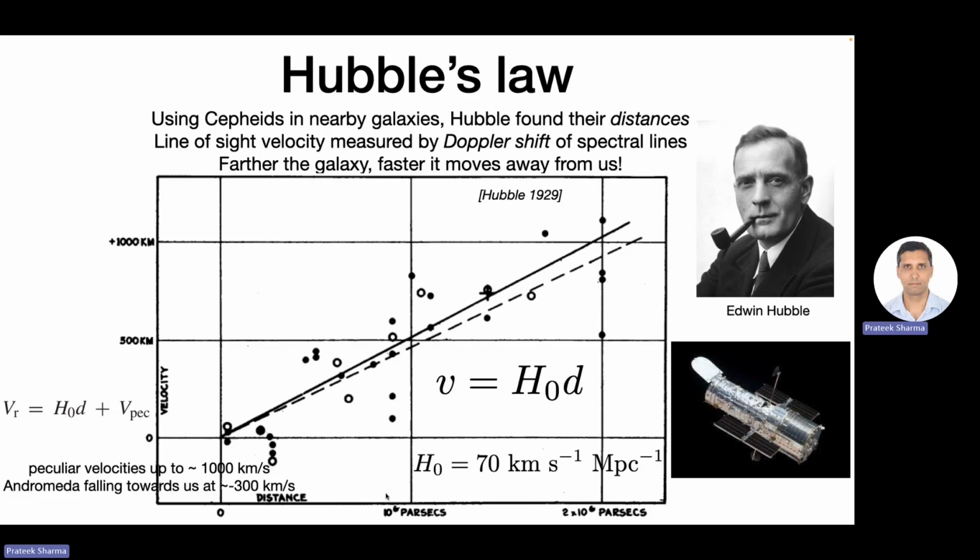This distance is obtained from Cepheids, use of Cepheids as standard candles. This is just the galaxy spectra. Okay, so this just shows the farther the galaxy is, the higher their recession velocity is. So we'll actually come to the picture, but it essentially means that the universe is expanding, right?